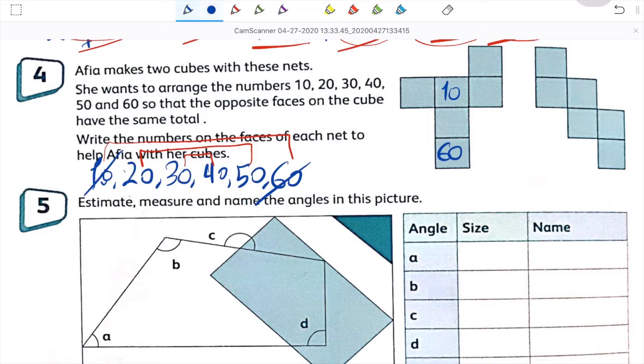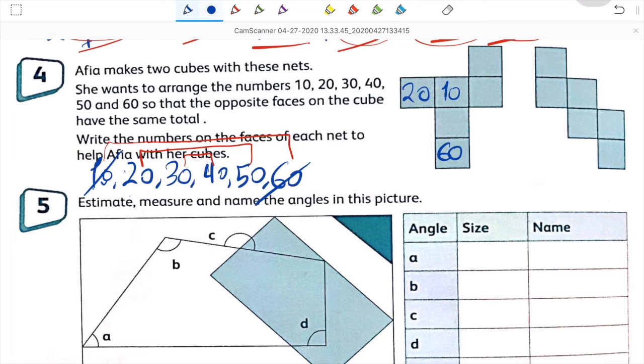Let's say about 20. Once I write 20 here, can you differentiate which side is going to be the opposite side? Brilliant.